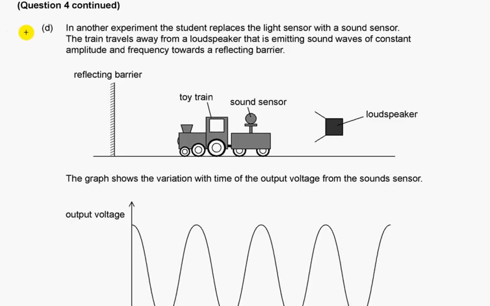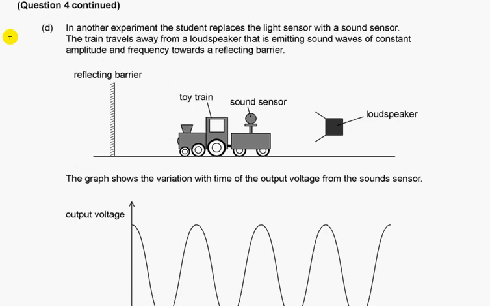In another experiment, the student replaces the light sensor with a sound sensor. The train travels away from the loudspeaker that is emitting sound waves of constant amplitude and frequency toward a reflecting barrier. The graph shows the variation with time of the output voltage from the sound sensor.